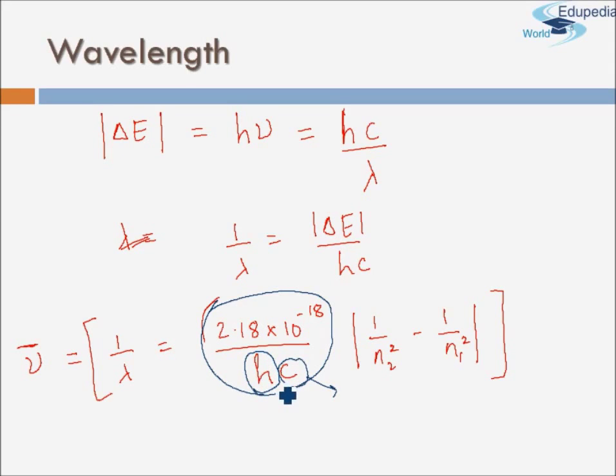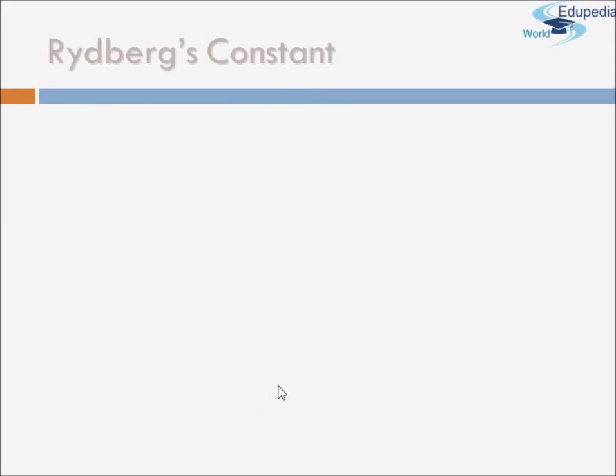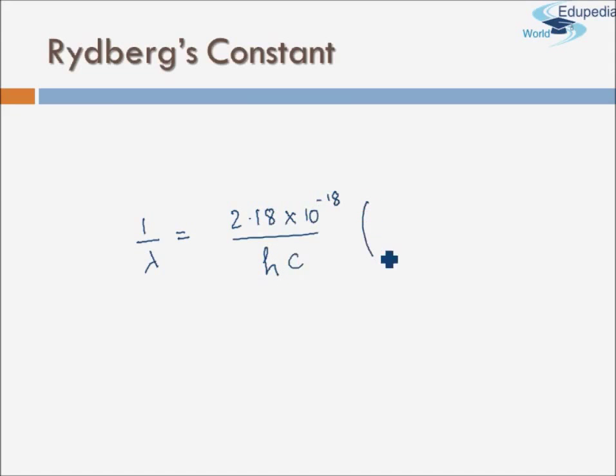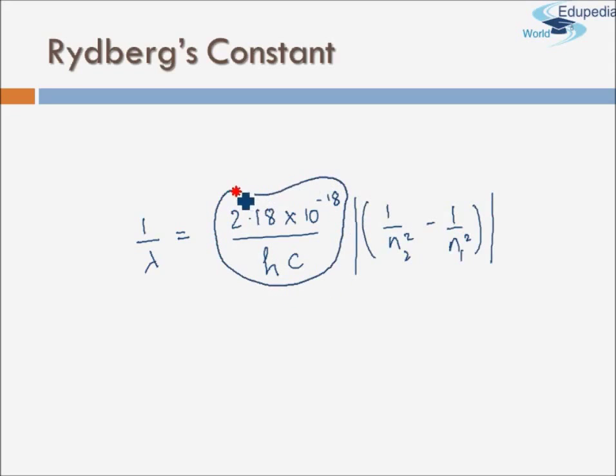So let's see what this whole constant will represent. We have 1 by lambda, or wave number of any light emitted. The wave number of light emitted is given by this particular formula, where you simply take the mod value. So this whole term is a constant.